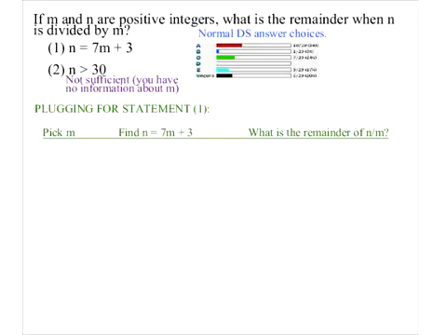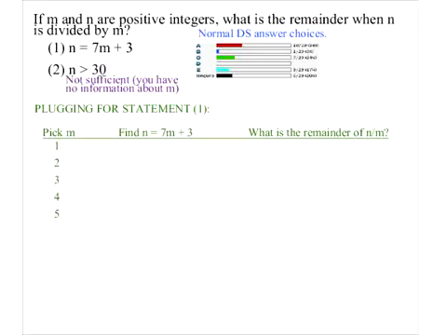Okay, well, we might as well start with M is 1, 2, 3, 4, 5, if necessary.